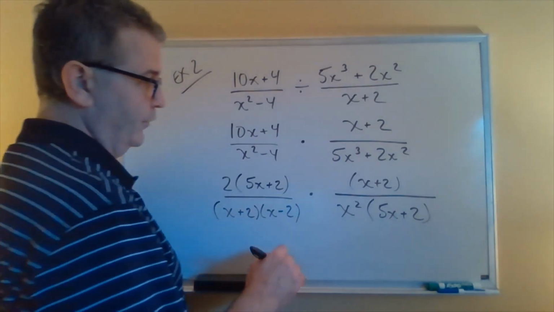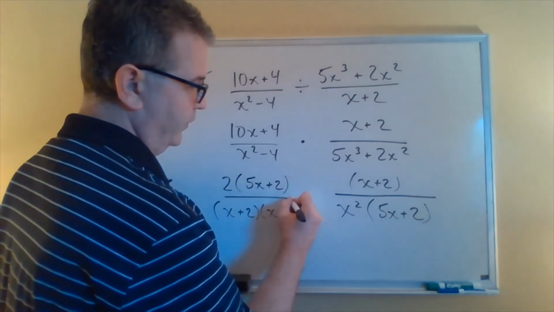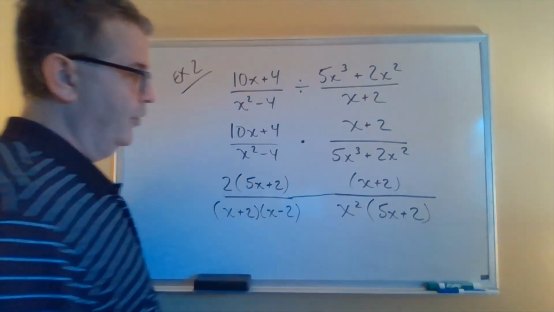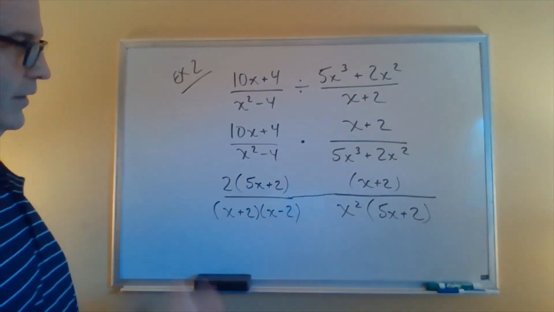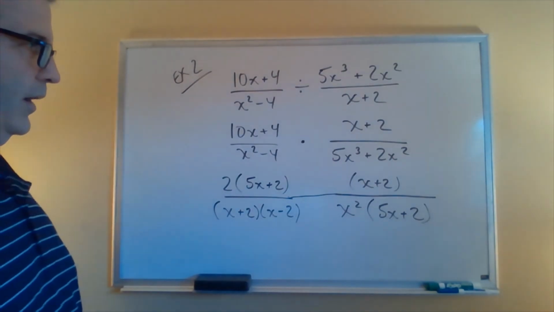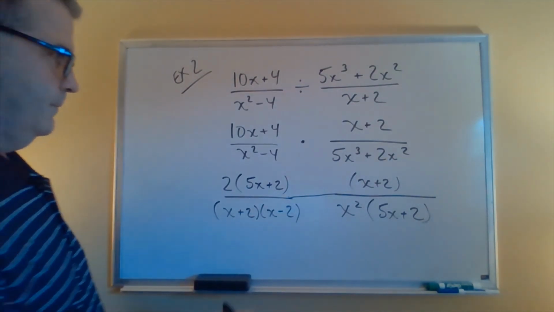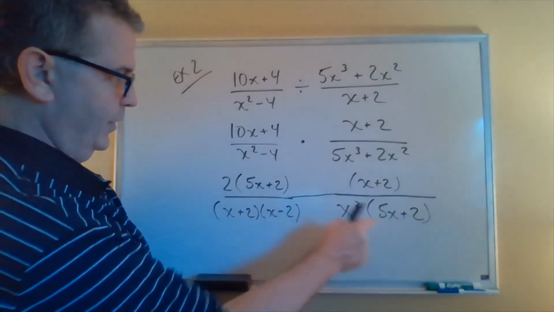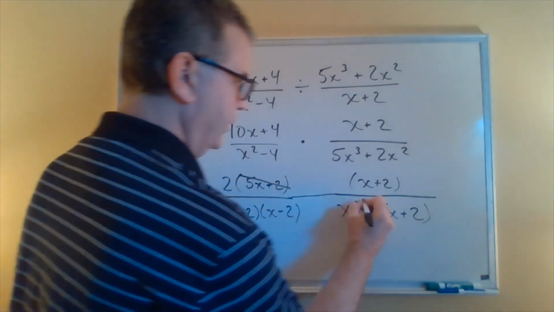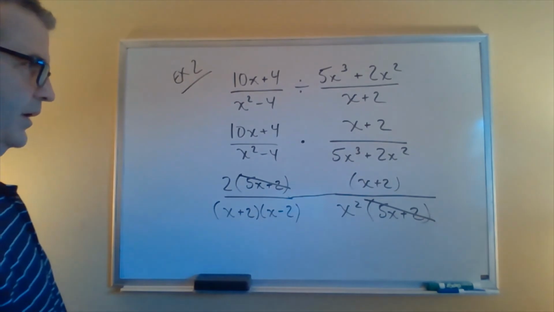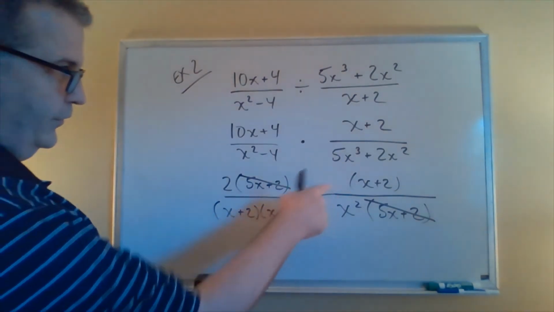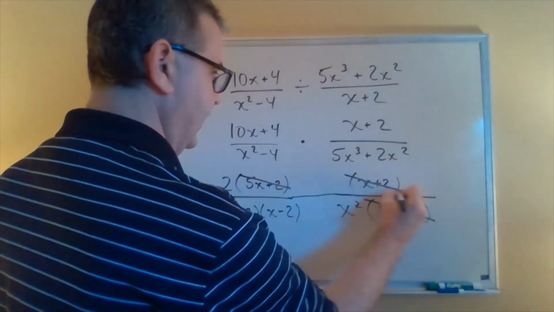Now I have to rewrite this as one fraction. I can just get rid of that multiplication operator and extend that fraction bar all the way across. Now I need to start canceling out common factors. I have a common factor on the top and bottom here of 5x plus 2. So I can cancel that out. I have a common factor of x plus 2 on the top and bottom, so I can cancel that out.